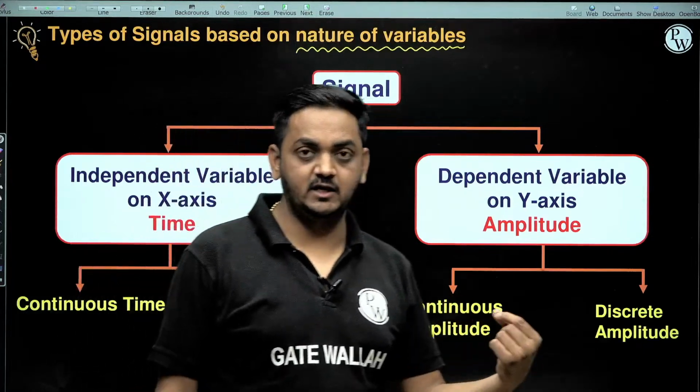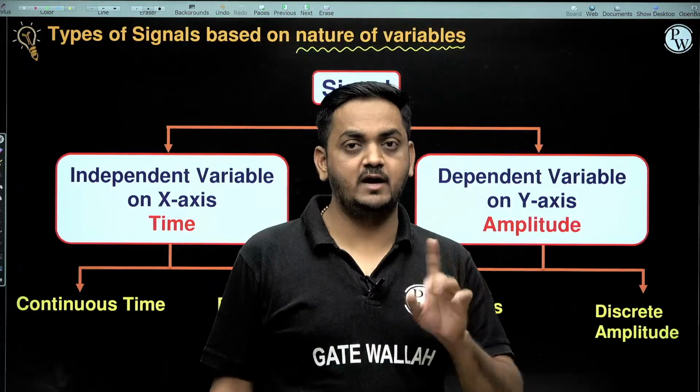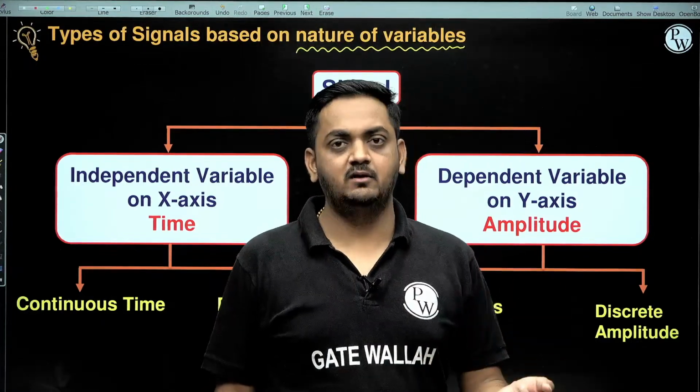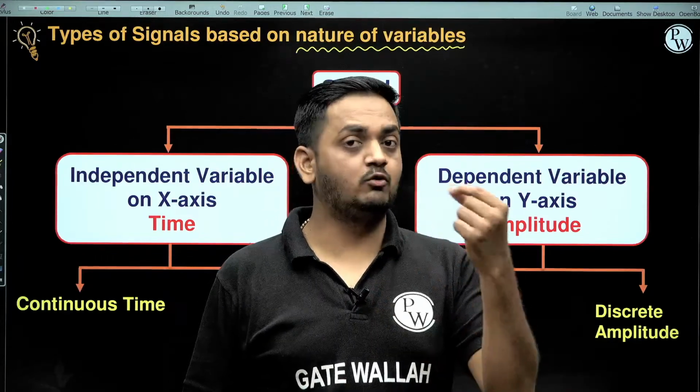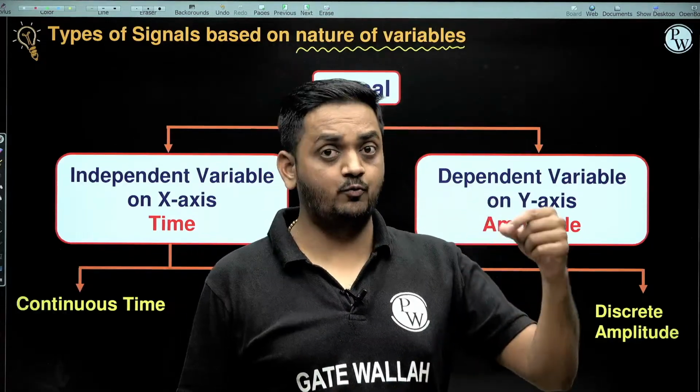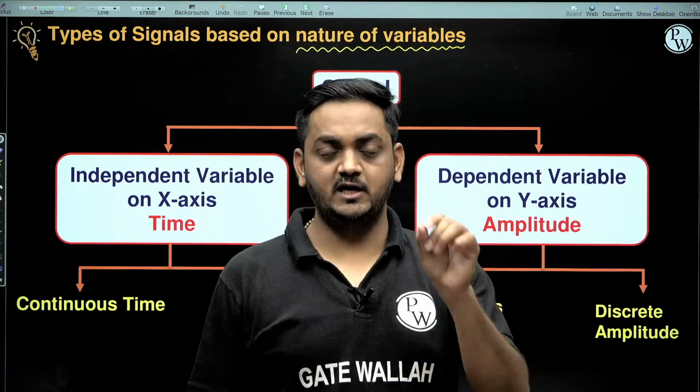For a continuous time signal, time t can take integer values, non-integer values, positive, and negative. Amplitude is defined for t equal to 1.5, t equal to 2, t equal to minus 2.56798, even t equal to minus 3.